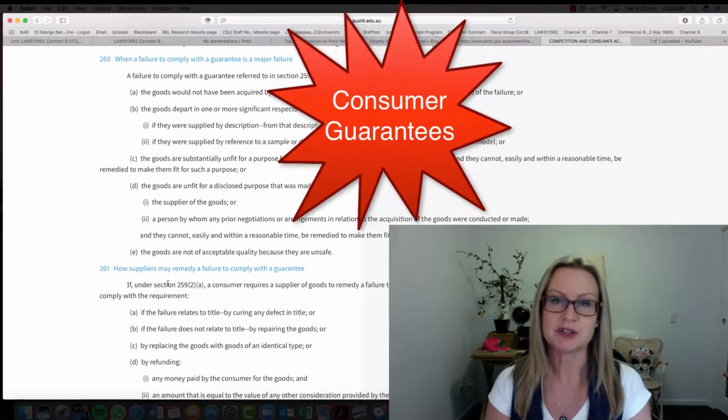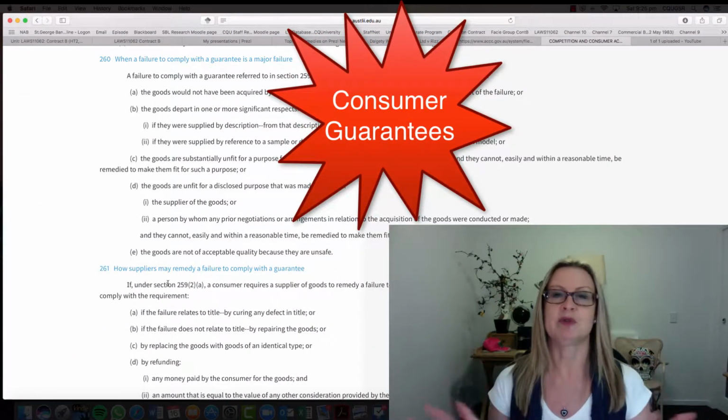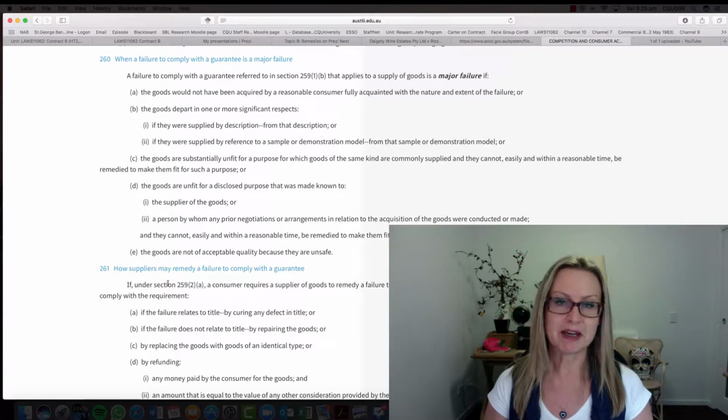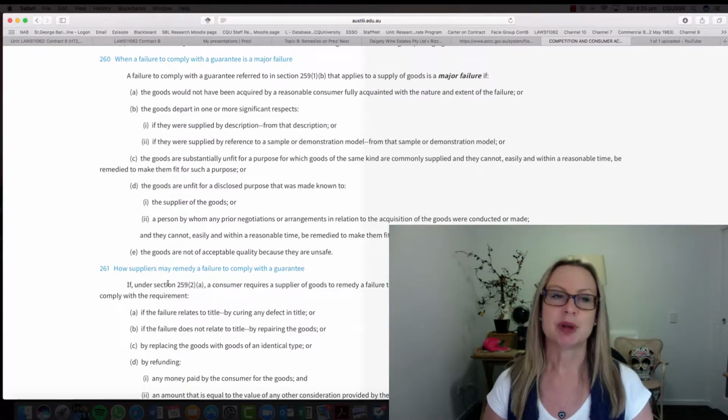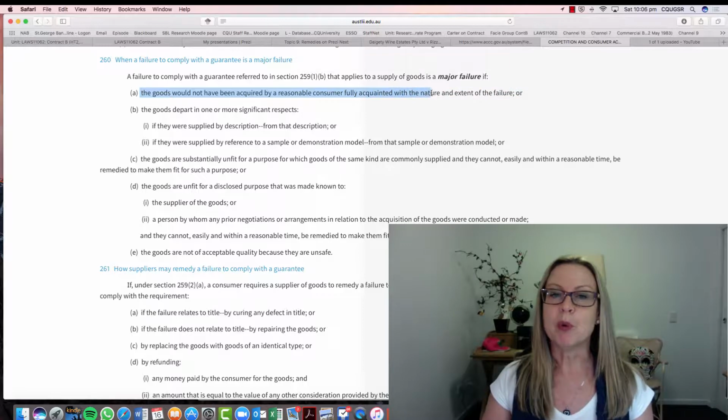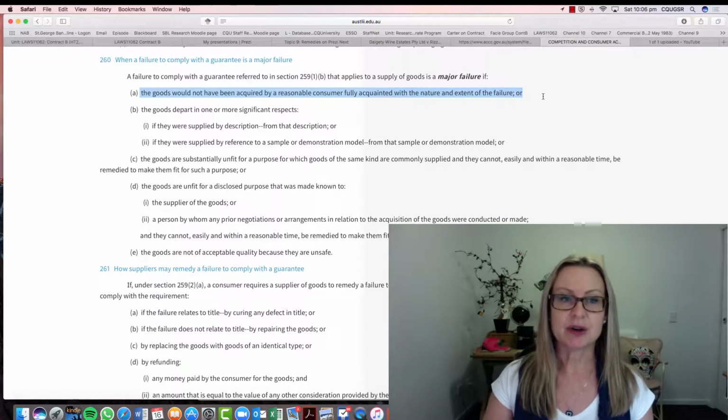Okay, in terms of consumer guarantees, what happens when things go wrong there and a consumer guarantee is breached? First thing is you need to work out whether it's a major failure or a minor failure. If it's a major failure, it's going to comply with section 260. And sub A, it'll be a major failure if the goods wouldn't have been bought in the first place if you knew how bad the defect was going to be. No real surprises there.